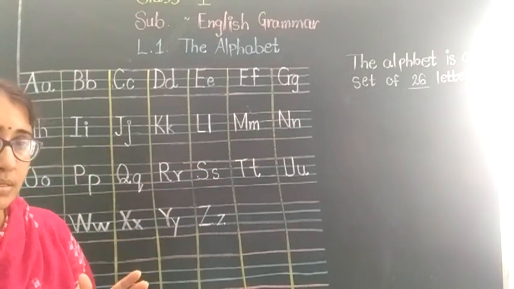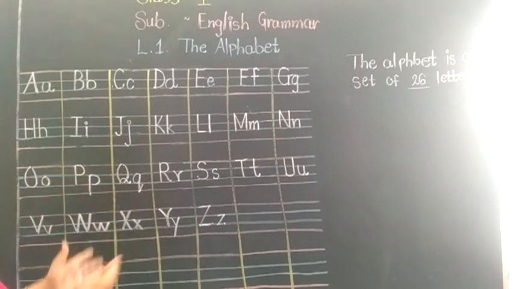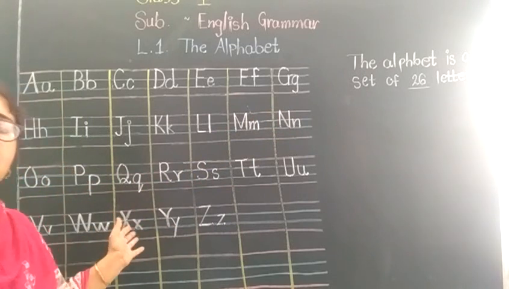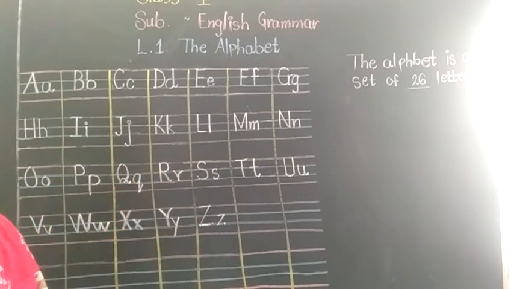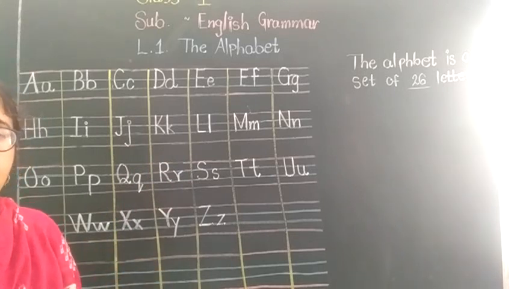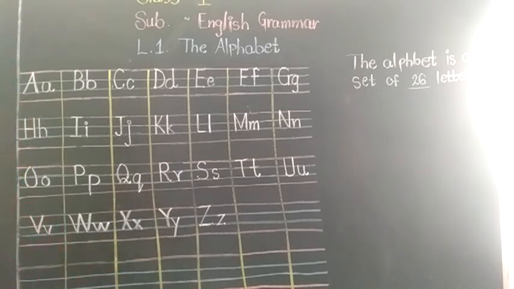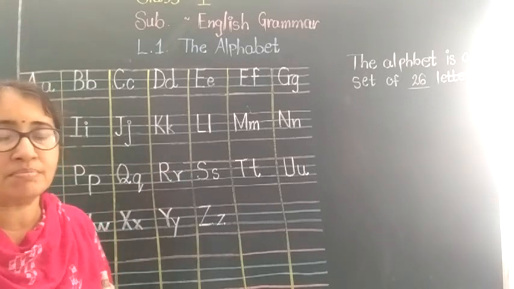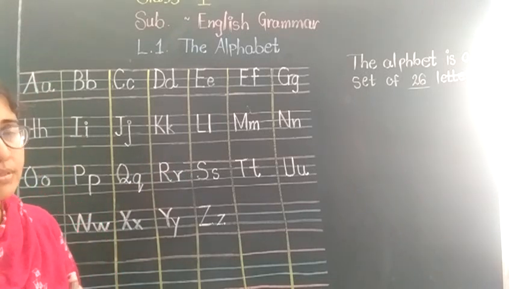The letters are 26, you can say letters, but alphabet is a single, one set, and it has all 26 letters. That's why we can't say the alphabets, but we can say the letters.